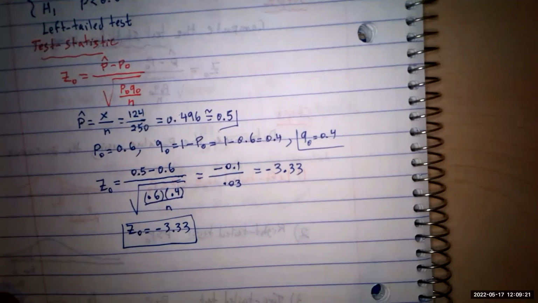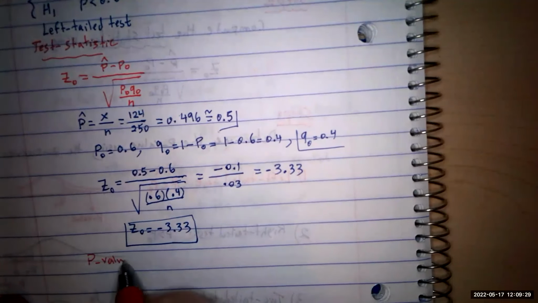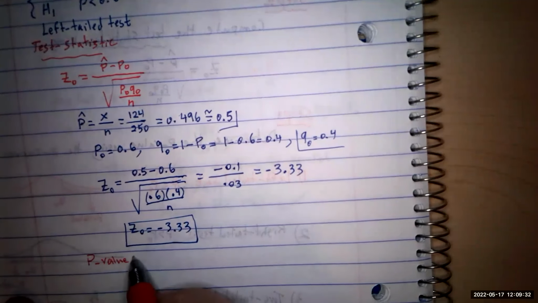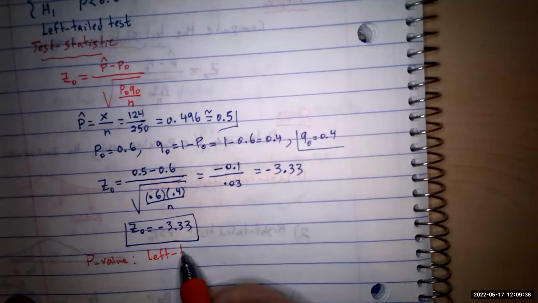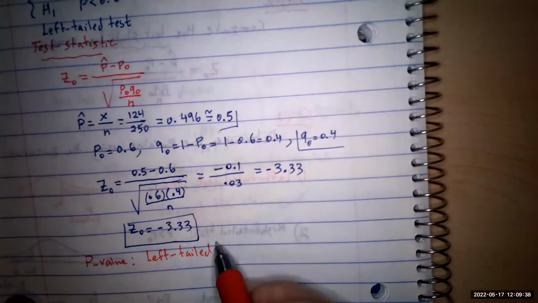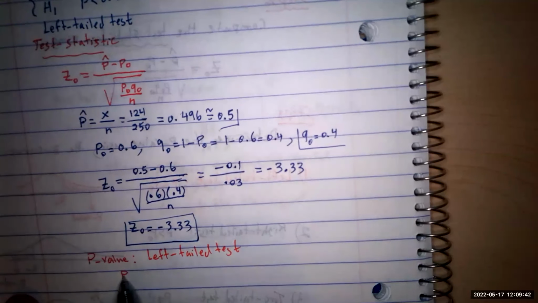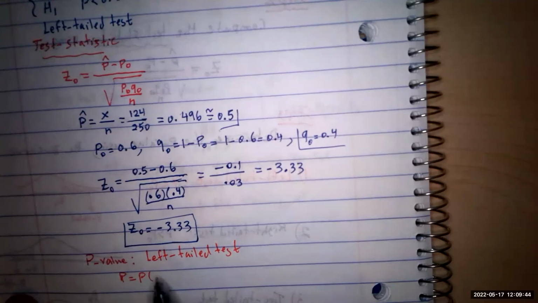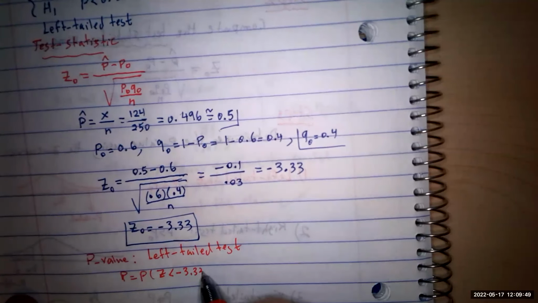Any question? Now we have to find the p-value. Next step is going to be the p-value. For the p-value, we know that we have a left tail test. So the probability is going to be the probability that z is less than negative 3.33.